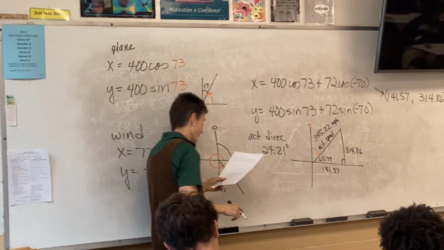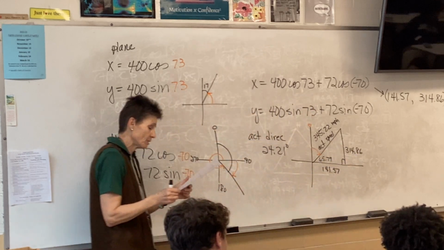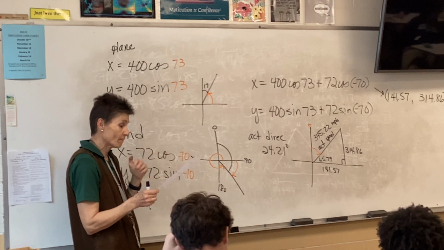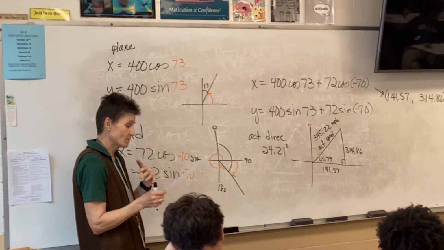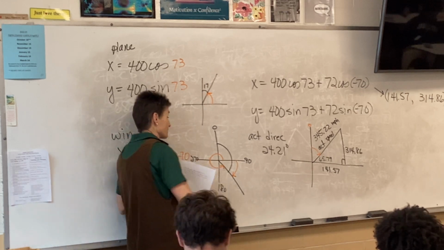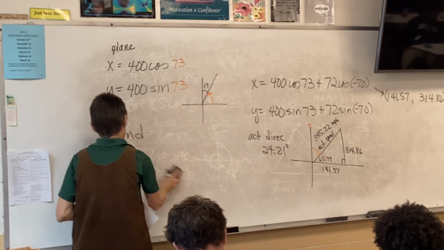Find the work done by a force of 48 pounds acting in the direction 2, 1 in moving an object 4 feet from 0, 0 to a point in the first quadrant along the line y equals 4x. Wow, that sounds complicated.